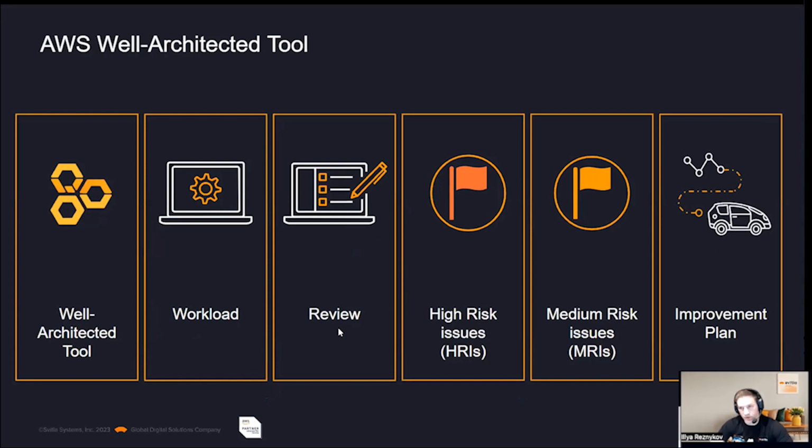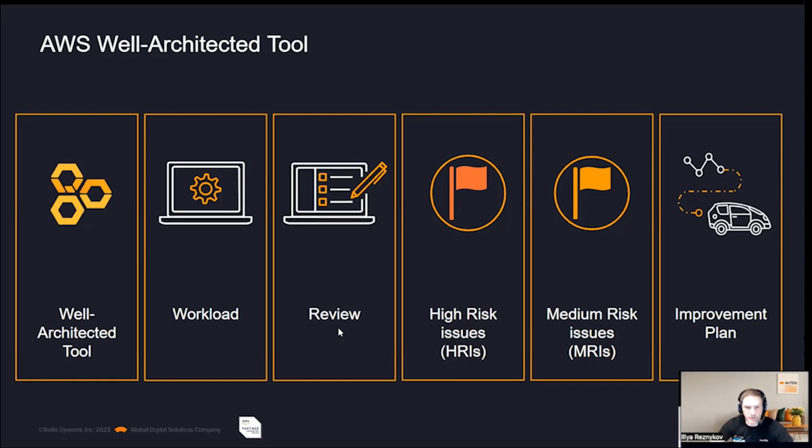Workload, we already spoke about that. It could be defined as a set of resources that provide our business value. Reviews are a continuous improvement mechanism that helps customers consistently evaluate their workloads against AWS best practices.